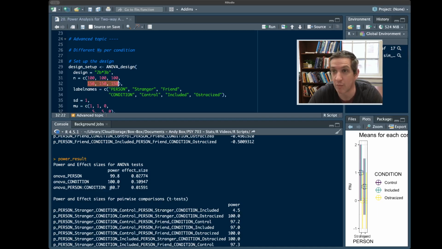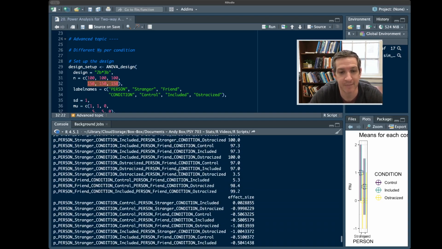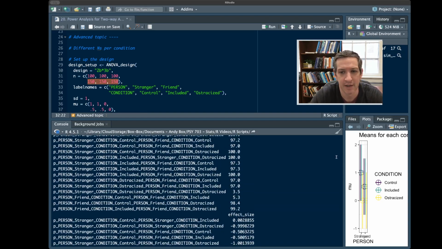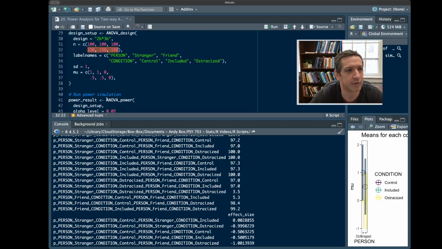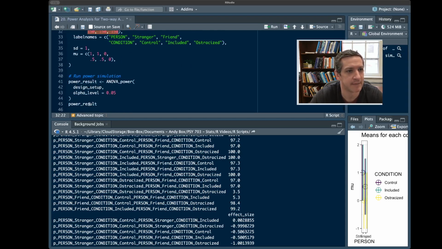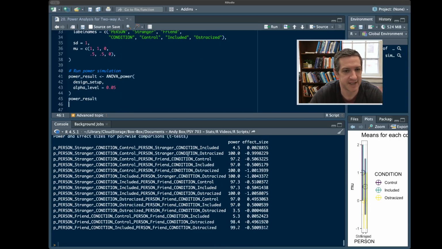But still, of course, more participants never hurts your inferences, and we see that our power for the interaction has gone up a little bit, which is great. I won't say no to that. But the real benefit is, here, I'm just going to reprint this because I want those side by side. Good.